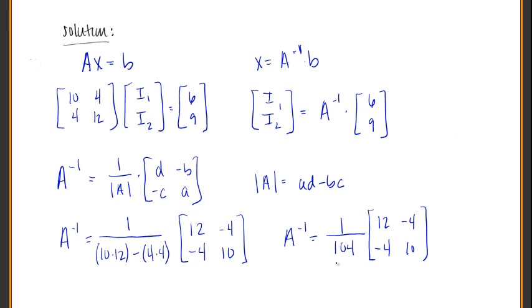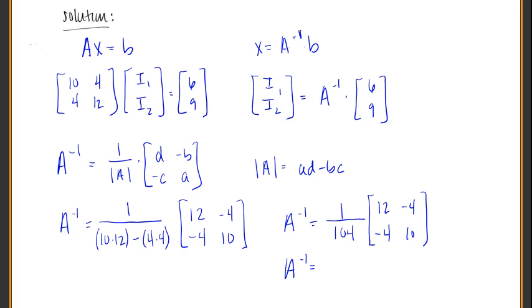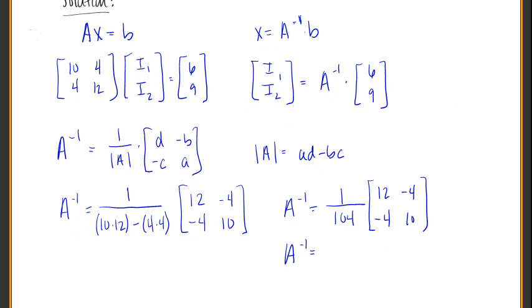Okay, so what that means is to finish out finding A inverse, I want to go up into that matrix and multiply everything in that matrix, or if you want to think about it, divide everything in that matrix by 104. So when I do that, 12 over 104, let me give myself a little more room here, reduces to 3 over 26.